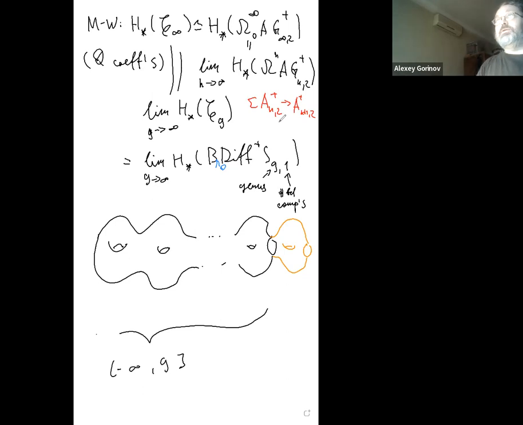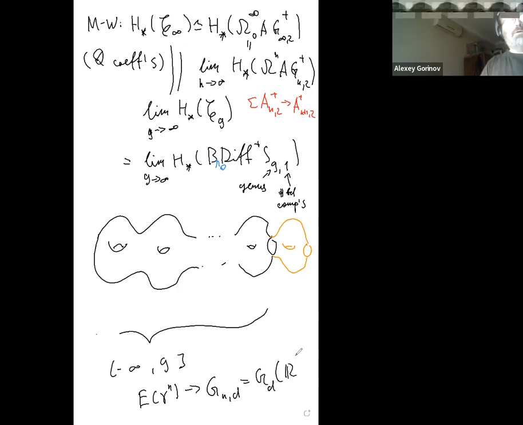Well, so we have E of gamma n, which is a vector bundle over gamma n d, which is the same as gamma d of Rn.